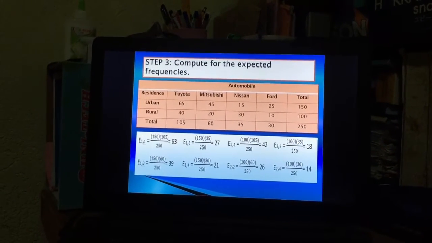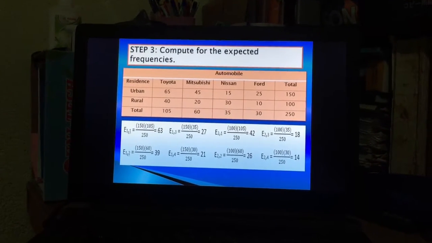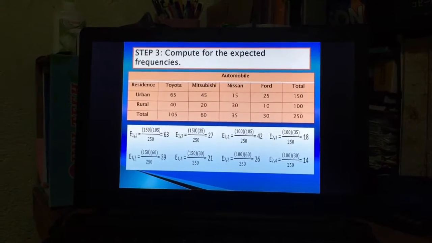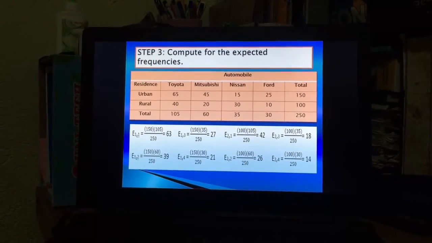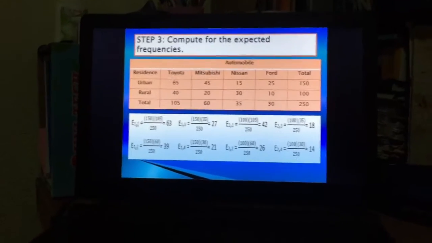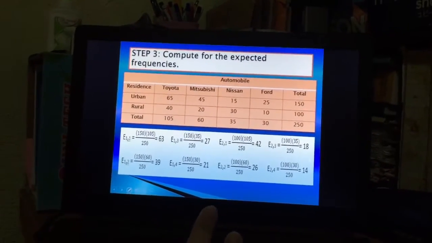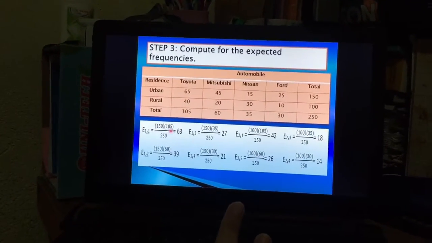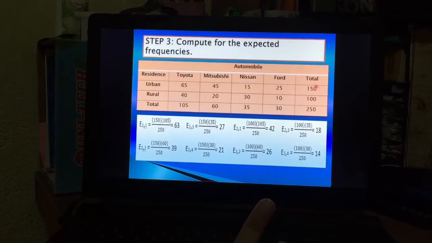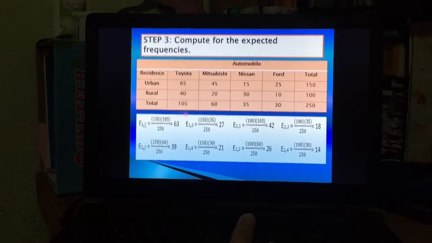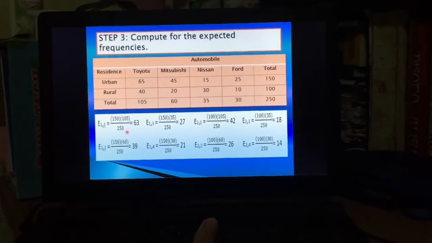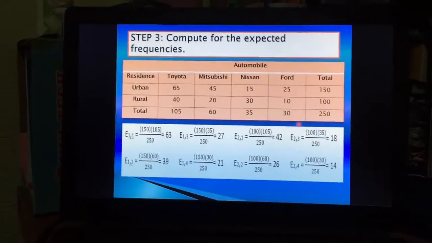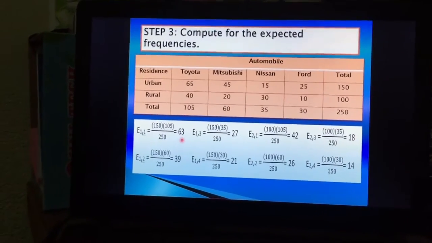Step number 3. We are going to compute the expected frequencies. Given the data, we multiply first the first row total, which is 150, and the first column total, which is 105, all over 250, the grand total, which is equal to 63.